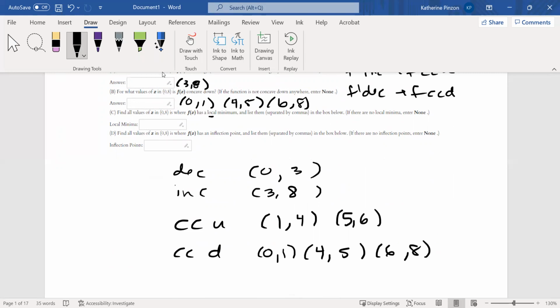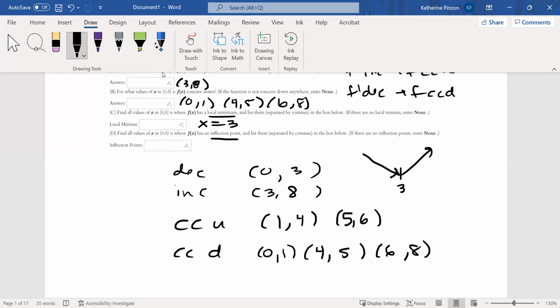Where is there a local minimum? So this guy goes decreasing and then increasing. So what happens here at x equals 3? That's where the local minimum is. And then where is an inflection point? What are inflection points, you remember? Where the concavity changes.